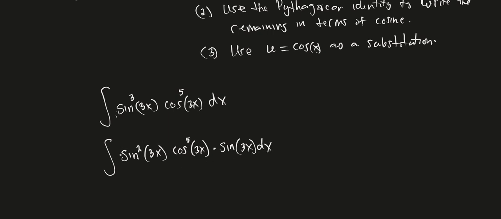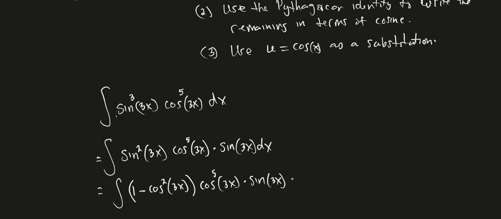And then what I have to do now is write this in terms of cosine. So that's where I use the Pythagorean identity, and sine squared is 1 minus cosine squared of 3x. But now that's a quantity, so I'm going to put that in parentheses. That's going to multiply cosine of 3x to the 5th power, and then times the sine of 3x, and then times dx.